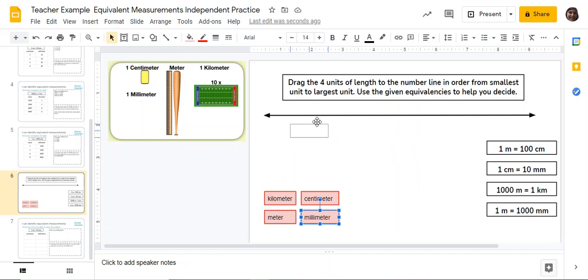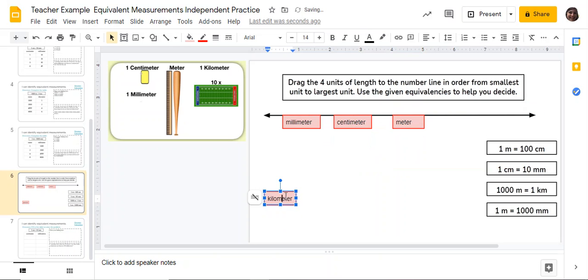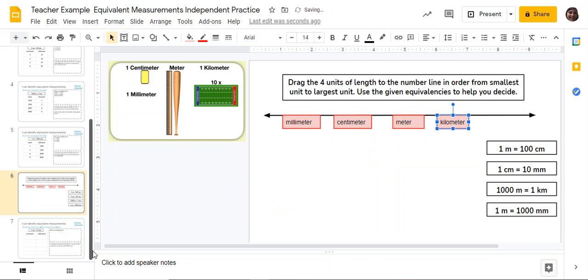So that's going to be our smallest. Our centimeter is next. That's about the size of your pinky fingernail. A meter is third. That's going to be about the size of a baseball bat. And a kilometer is the biggest. That's similar to like 10 football fields or about a mile. A little less than a mile.